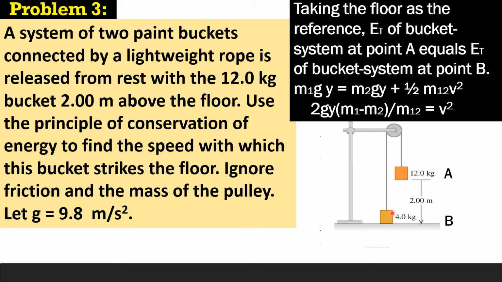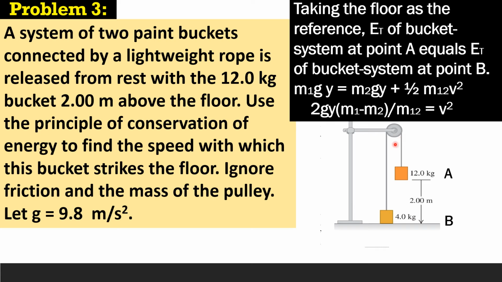But when the 12 kilogram is just about to hit point B, why does that happen? It's because we imagine the 12 kilogram to be pulled by the force of gravity equivalent to its weight. Now, it's not only the force of gravity that is acting on the 12 kilogram mass, but the tension of the rope as well is pulling it up.